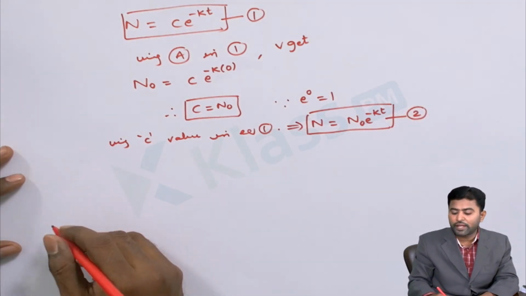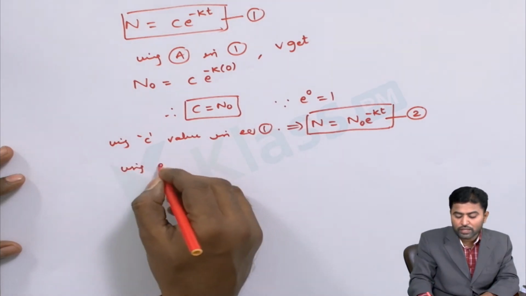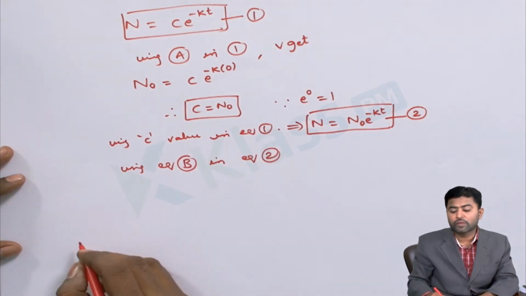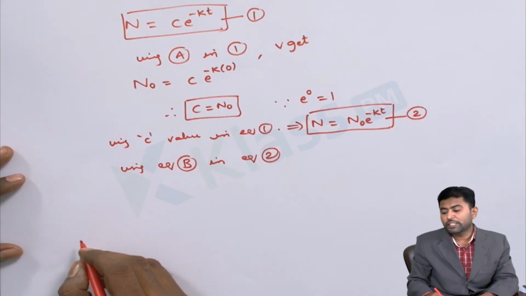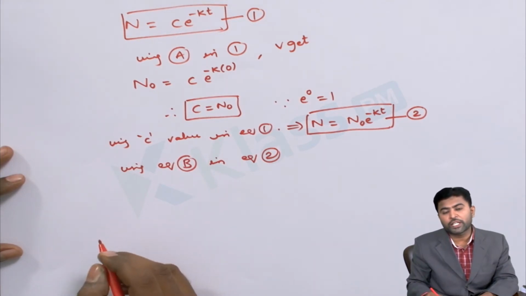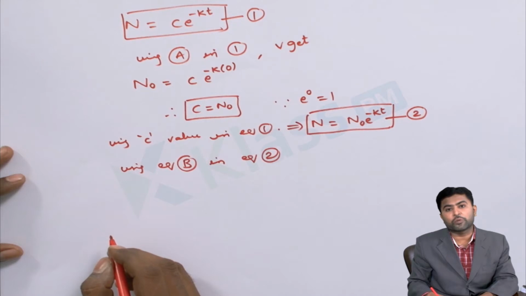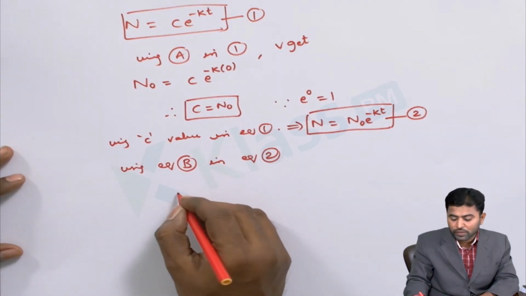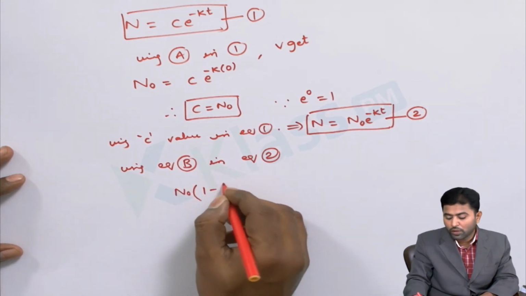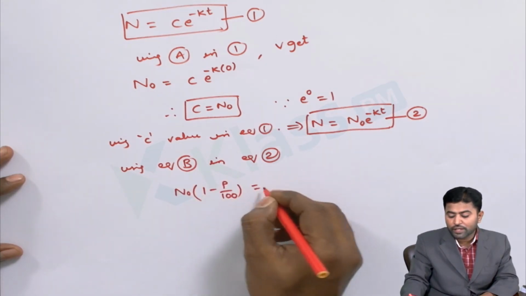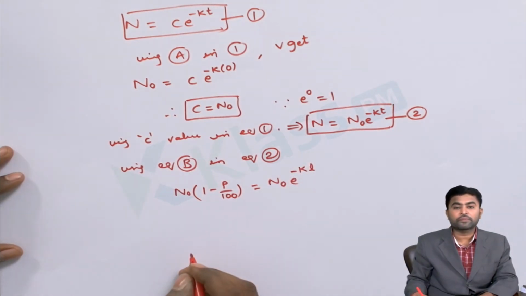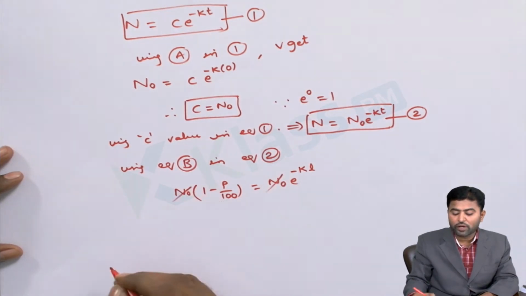Now I'm going to use the next condition, using equation B in equation 2. In equation B, it is mentioned that n is equal to n0 into 1 minus p by 100 at time t is equal to L years. So I'll replace those n and t values here. I'll get n0 into 1 minus p by 100 is equal to n0 into e power minus k into L. Here n0 gets cancelled.